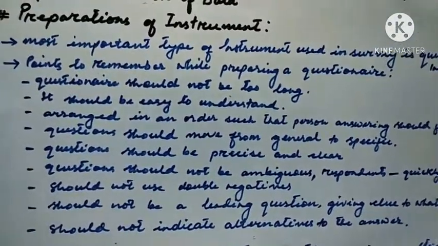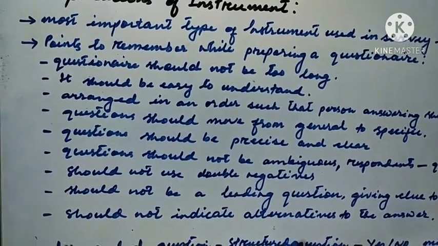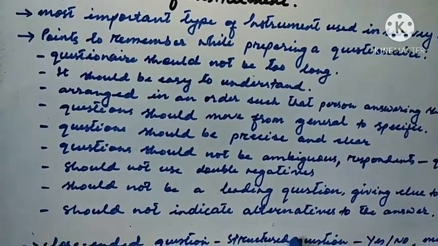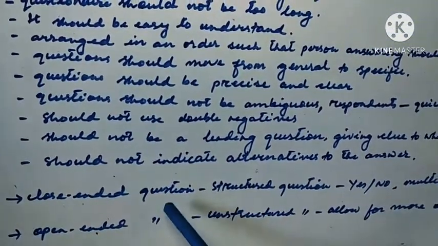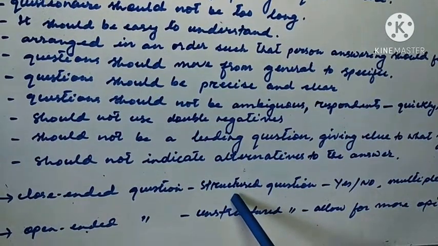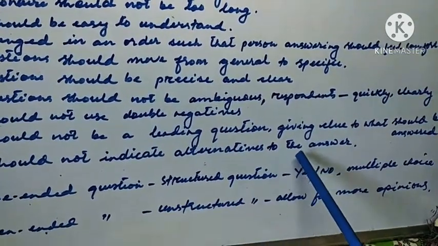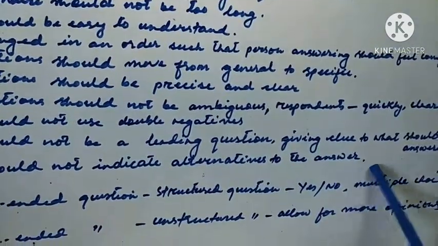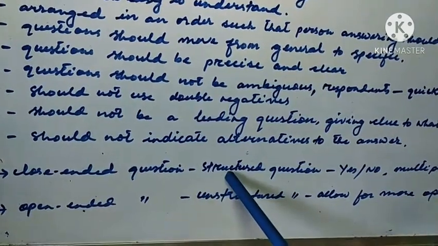And again, a questionnaire may consist of close-ended and open-ended questions. A close-ended question is a structured question. It can be in the form of yes or no, or in the form of multiple choices. An open-ended question is unstructured.